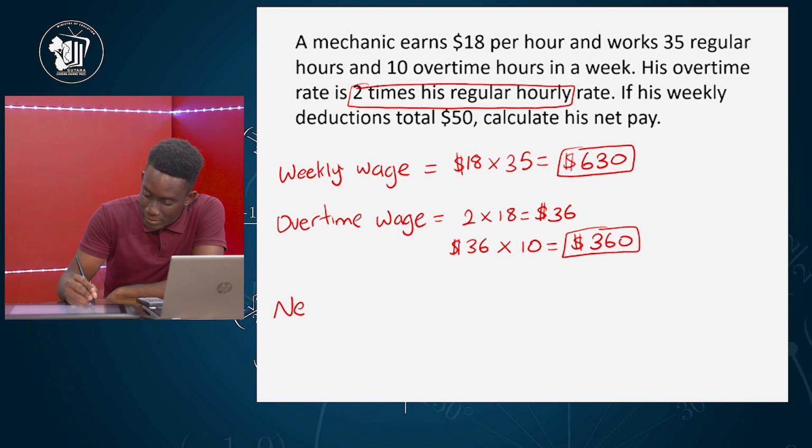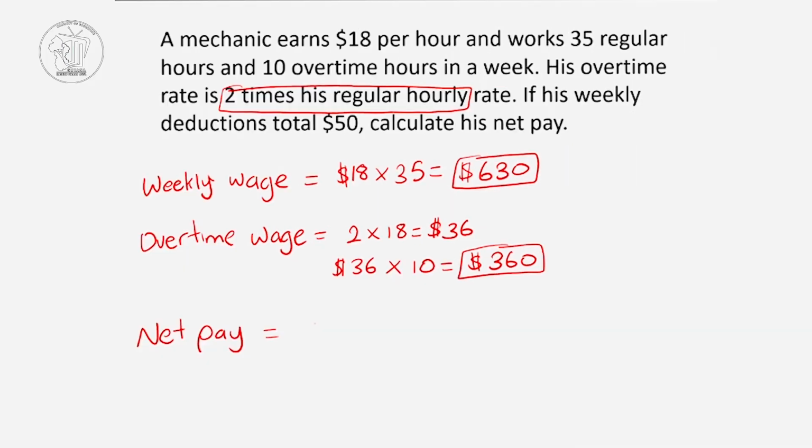So his net pay would be the $630 plus the $360, subtract, we see that $50 that will come out of his salary every week. So this would be subtract $50.